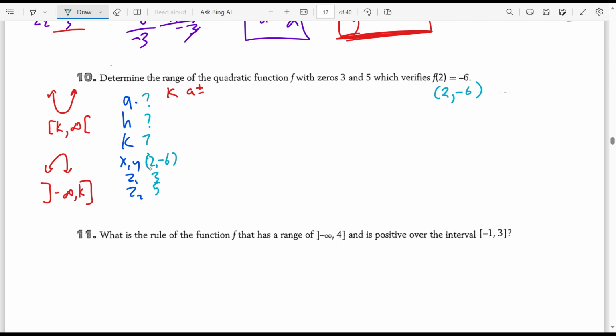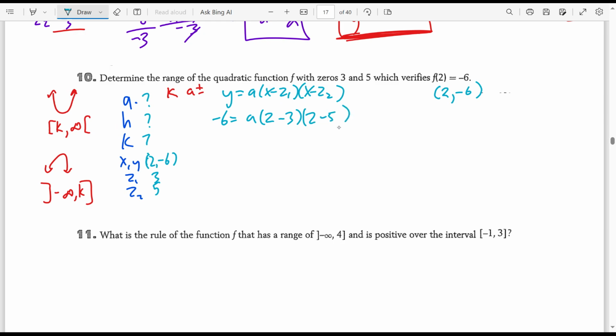2 and negative 6. So let's start by finding the rule. I'm going to use my zeros form and plug everything in as I see it. Negative 6 equals a times 2 minus 3 times 2 minus 5.